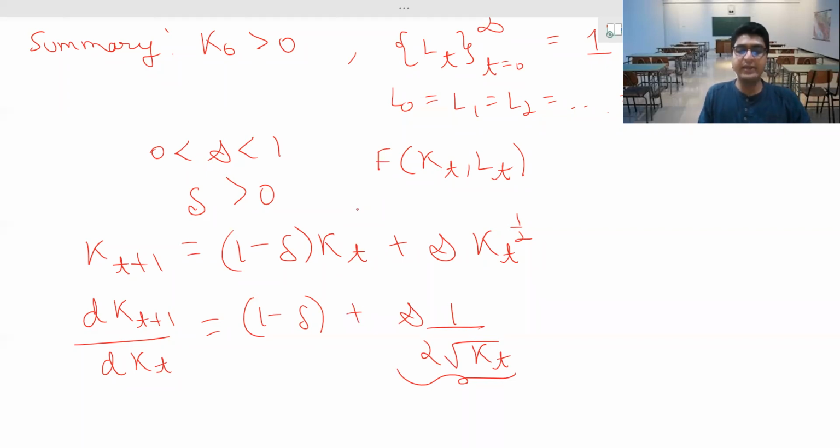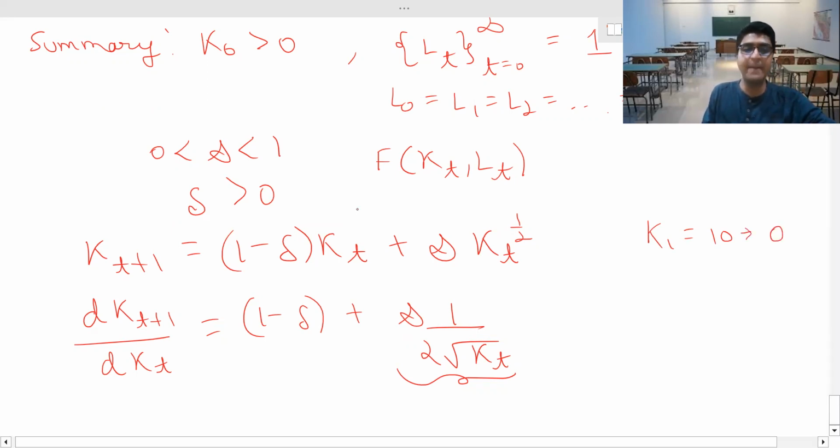Okay, s is positive. Yes, s is also positive. Delta is a fraction, right? Depreciation rate. Let's say if amount of capital you have is 10, आप इसमें से 11 depreciate नहीं कर सकते, right? You cannot have a depreciation of more than 10. If the amount of capital is already equal to 10, you cannot have depreciation of 11. हद से हद ये 0 तक चला जाएगा, right?